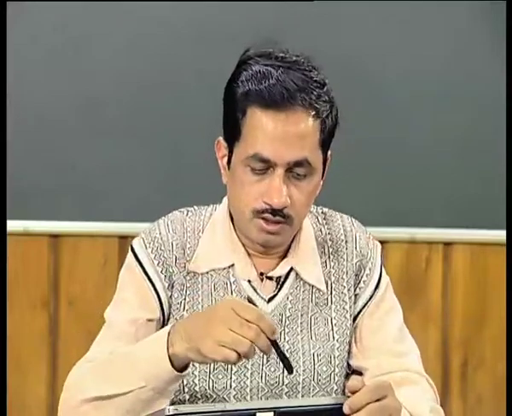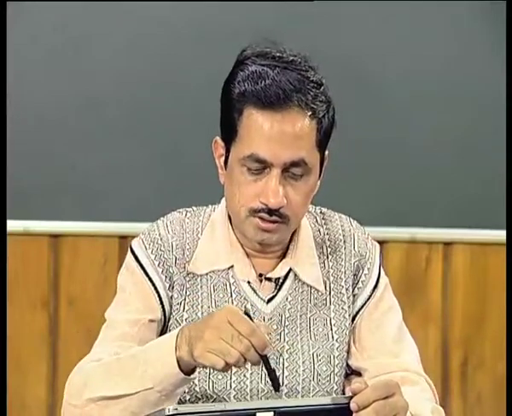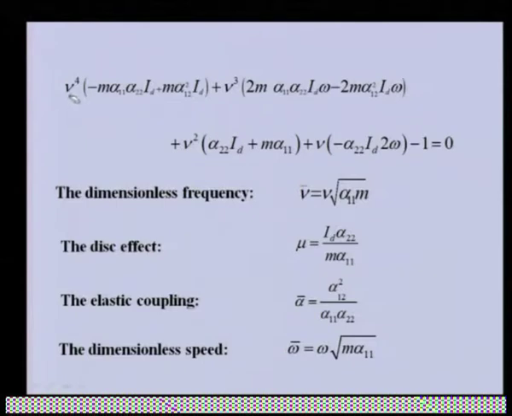This will be a 4th degree polynomial in terms of nu, which is the whirl frequency, and in general obviously we expect 4 roots, 4 solutions of this, but here so many parameters are involved.